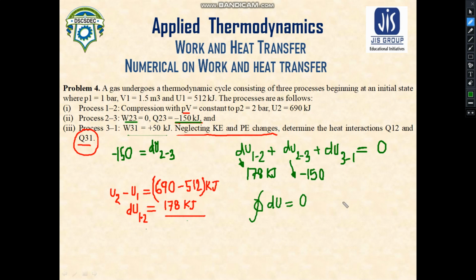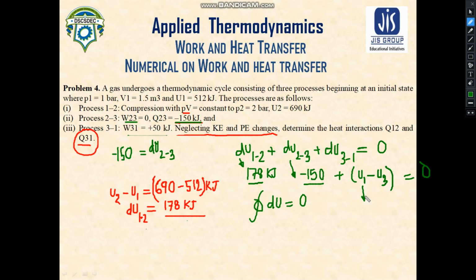So now we can write this one as U1 minus U3, because we are always writing in the format of final state minus initial state. So here you can see 178 minus 150.